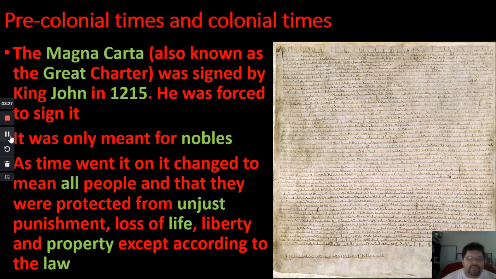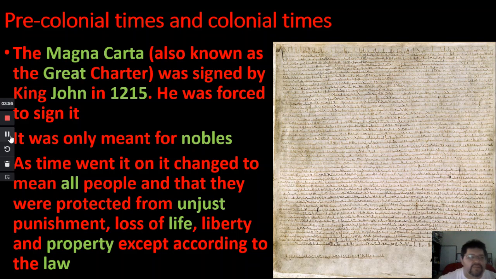And what did it protect? It protected people from unjust punishment. So the king couldn't just throw you in jail because he didn't like your face. You had to commit a crime, do something bad in order to be punished. Also, the king couldn't just kill you because you looked at him funny. There has to be a purpose and it has to match the crime.